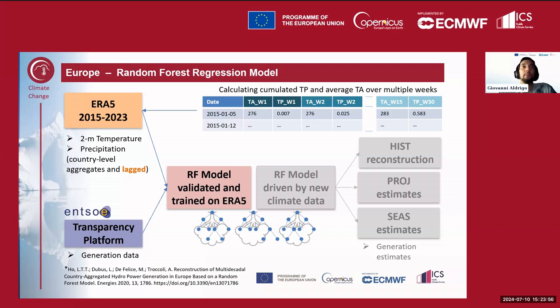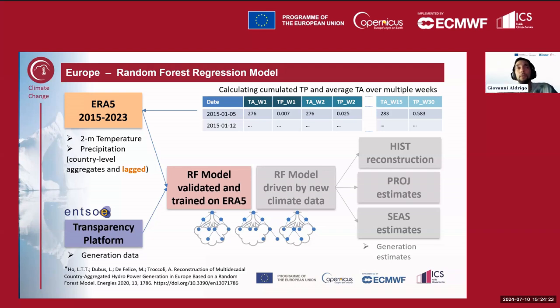And they are furthermore lagged in time, meaning that for precipitation, we're not just counting instantaneous precipitation or the precipitation occurring over a week, but we're accumulating also over time, going back in the past over several weeks. This is to take into account the history of these variables.